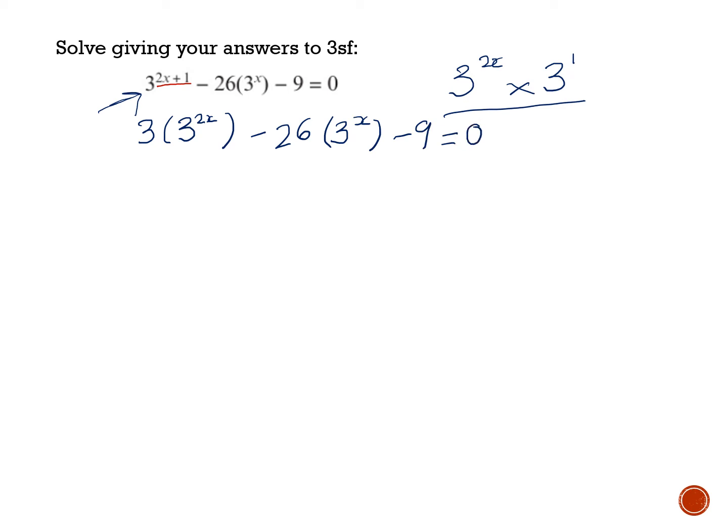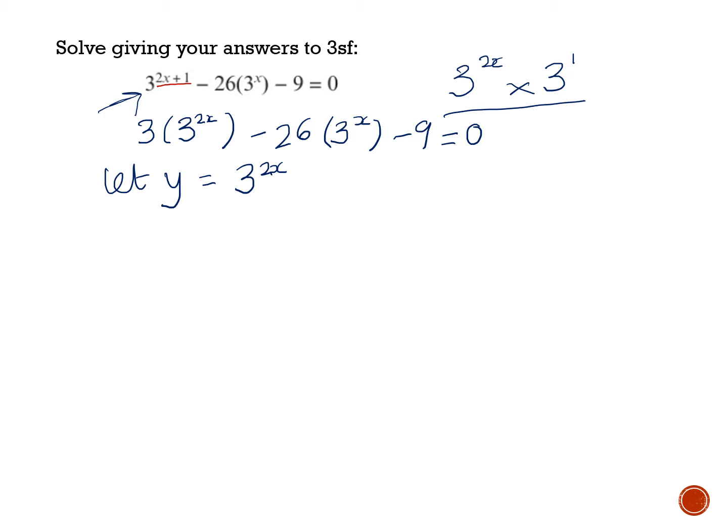Now it's looking a little bit more like the first one that we did, the only difference being we've got a 3 at the front here. Let's use our substitution. Let y equals 3 to the 2x. I think when you've got the slightly more complicated ones with a number in front of the quadratic part, the substitution does make it look a little bit easier. Oh, hang on a minute.